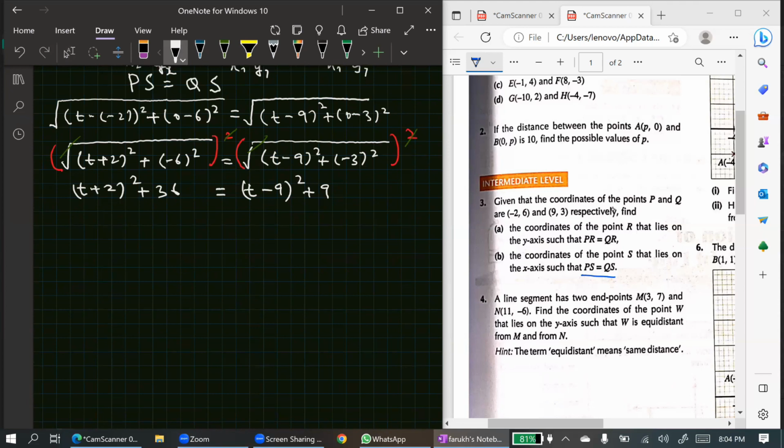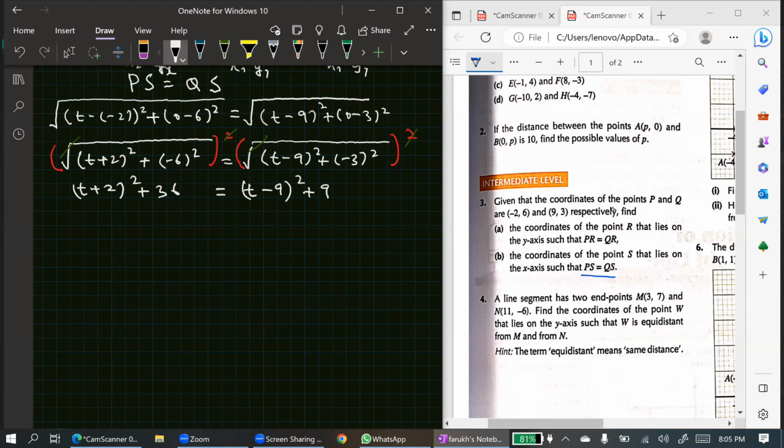Now, can you open the square t plus 2 whole square? So we'll do t plus 2 multiplied by t plus 2. No, we will not open this one by splitting the terms. We will open this one using the formula a square plus 2ab plus b square.